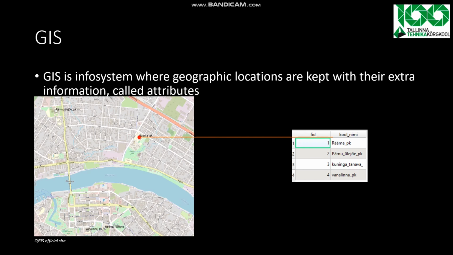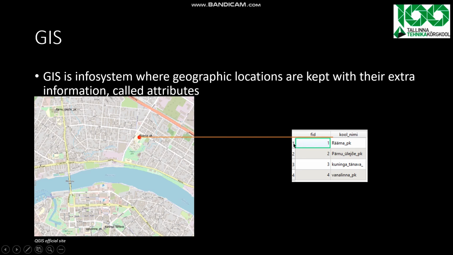The second very important feature about GIS is that GIS is an info system, of course, where geographic locations are kept with their extra information. And the very important part is the extra information, because we call them attributes, and through this course you have to work a lot with those attributes and inside those attributes. So in this example you see we have field ID and we have a column nimi, this is school name in Estonia.